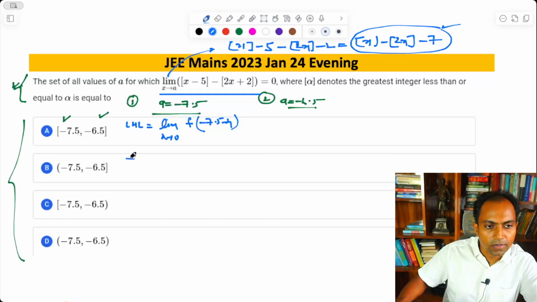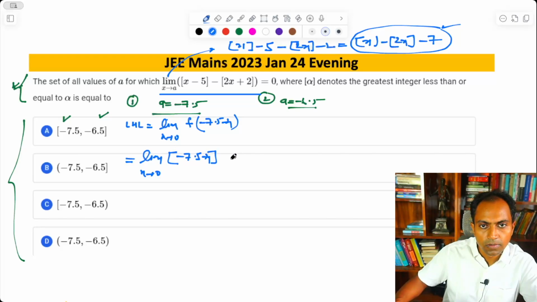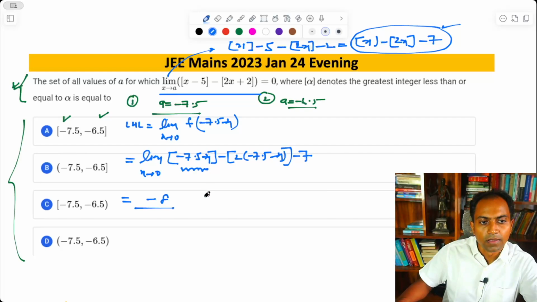If I put it here, this becomes limit h tends to 0, minus 7.5 minus h, and then 2 times minus 7.5 minus h. So this comes out to be minus 8 because I am dealing with a value between minus 8 and minus 7, and this next part will become minus 15 minus 2h.